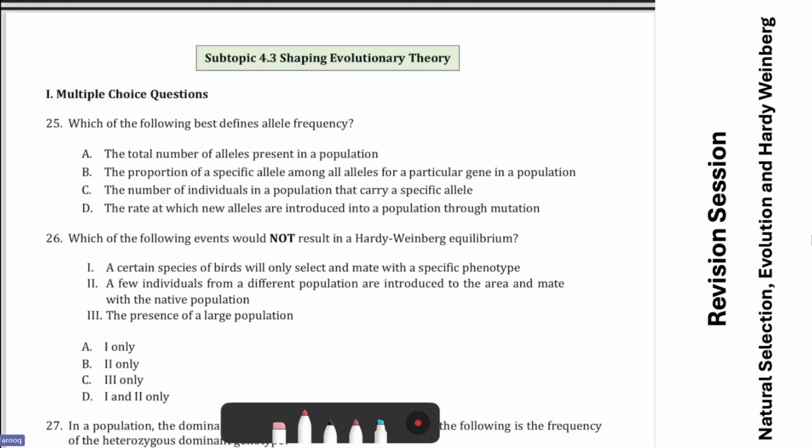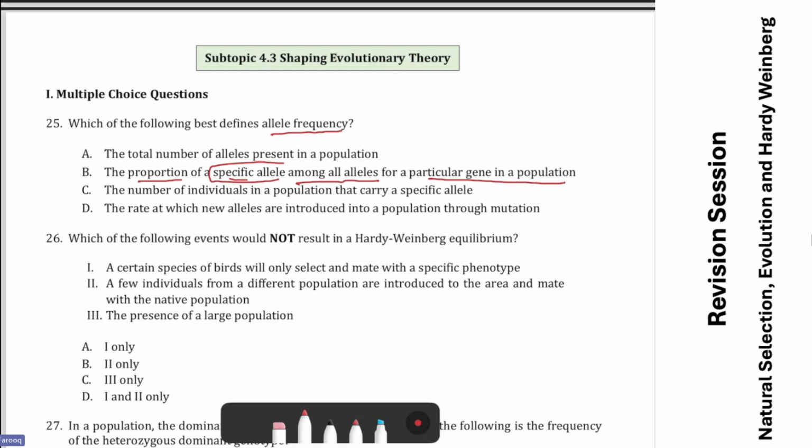Okay, now the last one, shaping the evolutionary theory. In this one, we will talk about the first three KPIs. I will not go through all right now. And the first three, we need to define allele frequency. This is KPI number one. So best defines the allele frequency. So that is, of course, the proportion of a specific allele among all the alleles for a particular gene in the population.